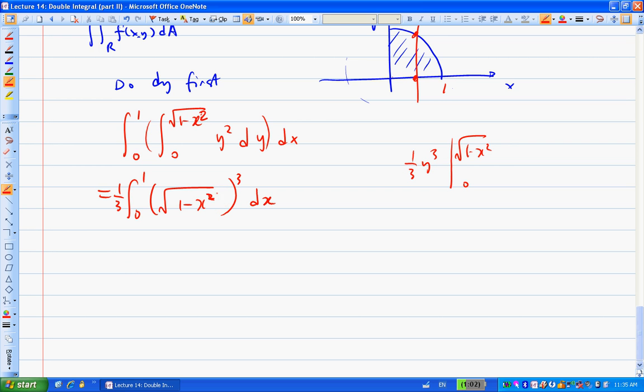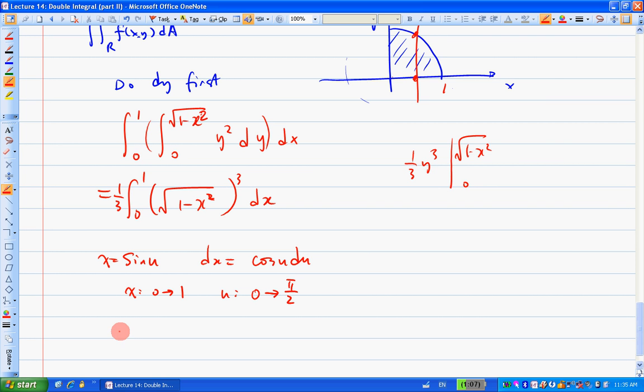However, if you really want to do that, generally you use substitution. Let x equal sine u, and then dx will be cosine u du. Because x goes from 0 to 1, you plug in for the variable u, and u will go from 0 to pi over 2. That's the basic steps of substitution.